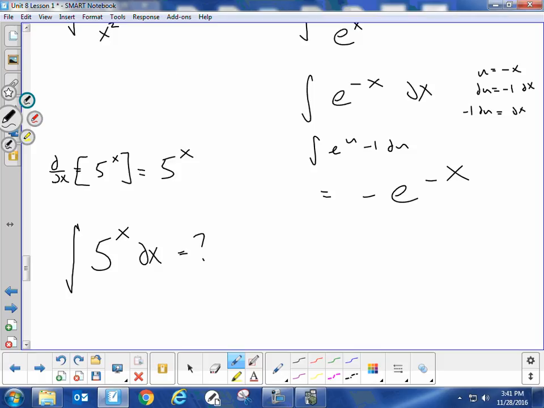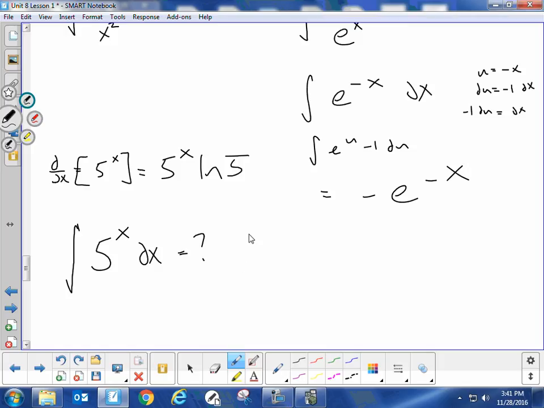Five to the x times the natural log of the number, if you remember that. So that's why with e to the x, we could actually do the same thing. It's e to the x log e, but log e is 1. Get rid of it. Derivative of e to the x is e to the x.